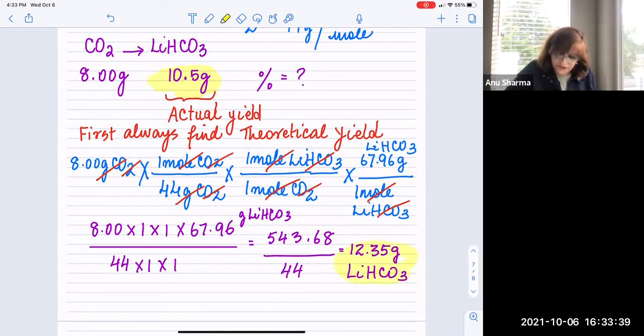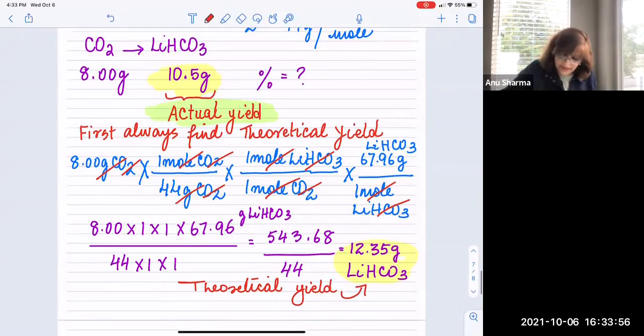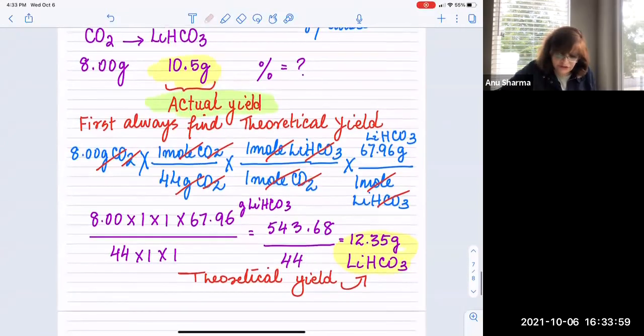But the actual yield is different. What you have calculated here is the theoretical yield. In theory, you would get 12.35 grams, but the actual yield is lesser, which is fine.